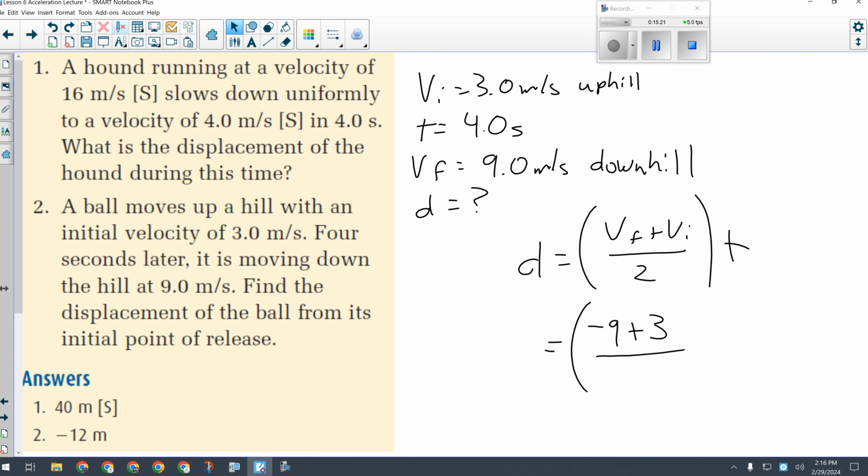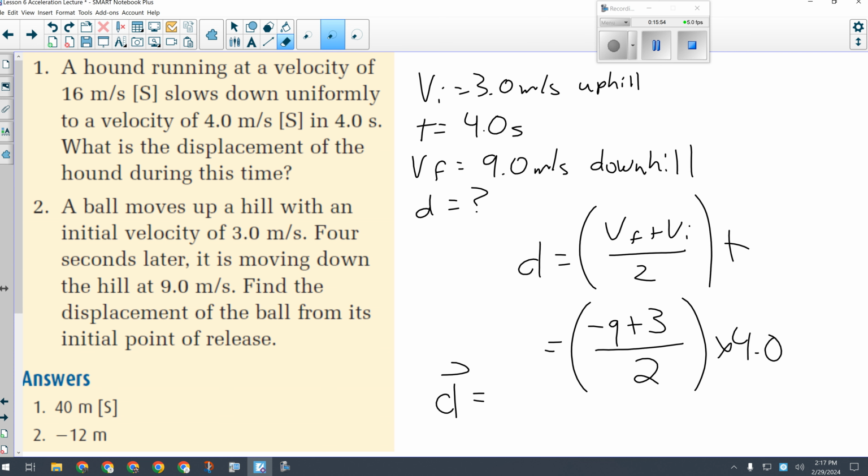And then I'm going to divide that by 2, and then multiply by time, which was 4 seconds. So -9 plus 3 is -6. -6 divided by 2 is -3. -3 times 4 is -12.